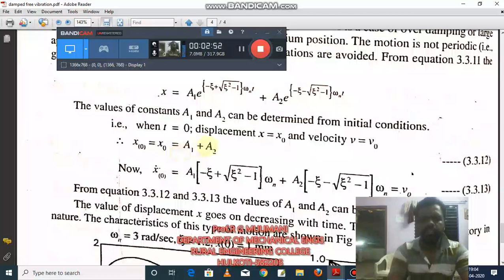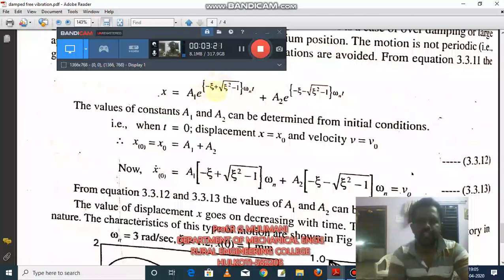Similarly, we have assumed one more initial condition, that is initial velocity. Initial velocity is v0 or x0 dot. This dot is nothing but velocity. At time t equal to 0, differentiating the displacement gives the velocity. What is the differentiation of e raised to x?